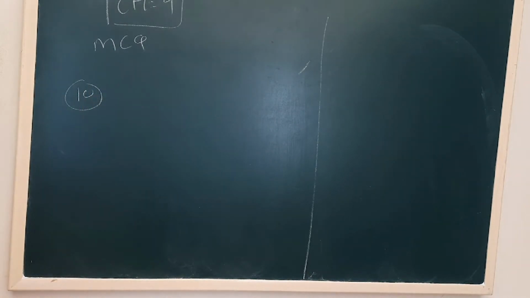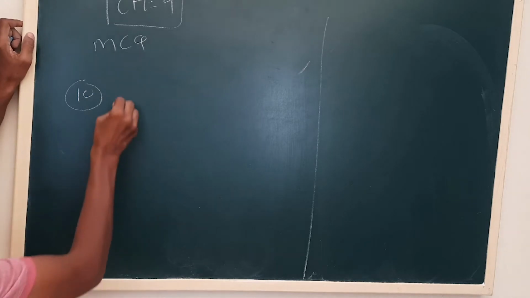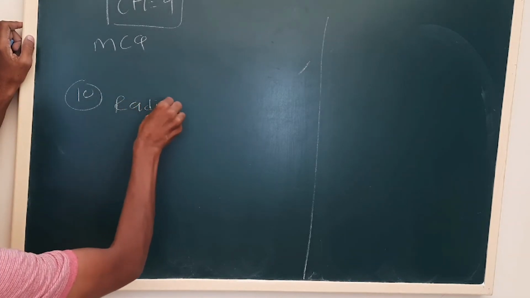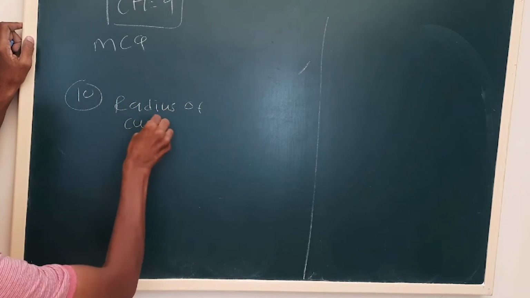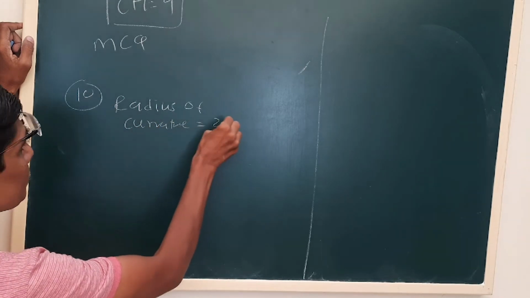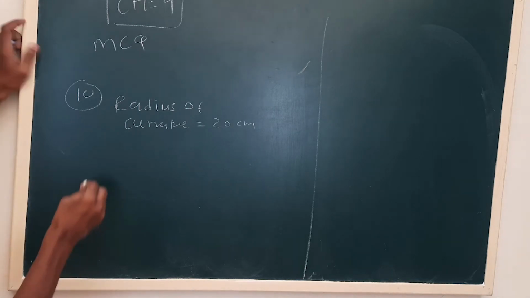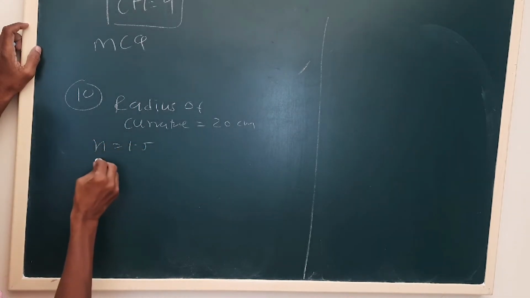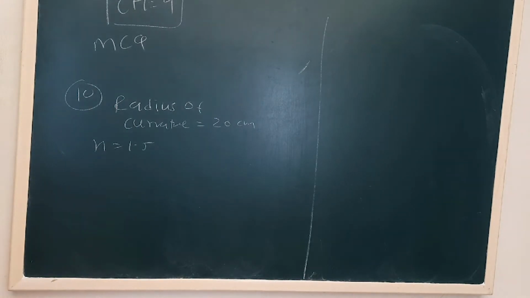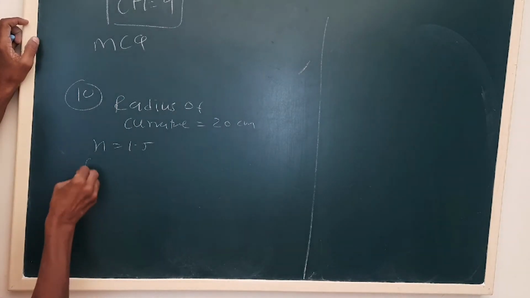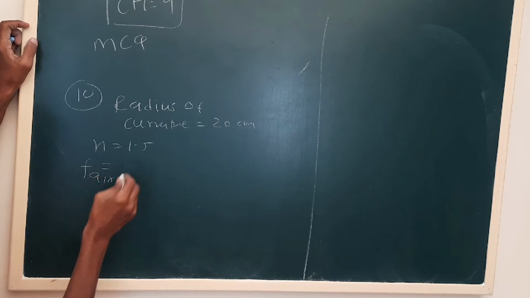Now see, for a thin convex lens, the radius of curvature is 20 centimeter. Okay, now the refractive index is 1.5. What will be the focal length in air?